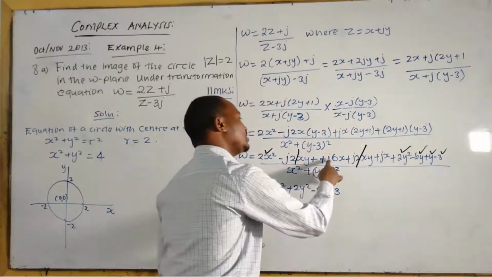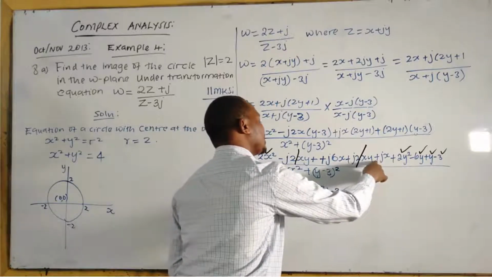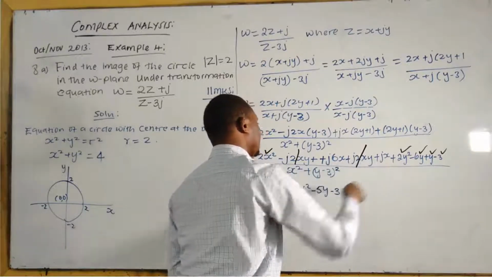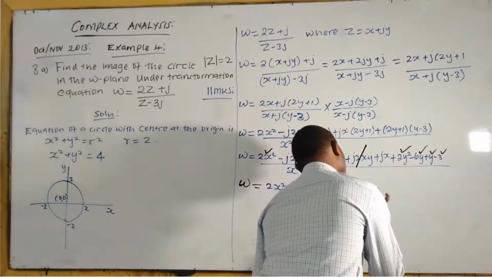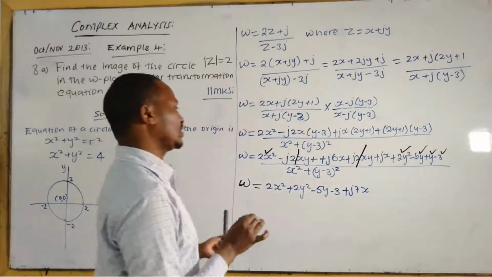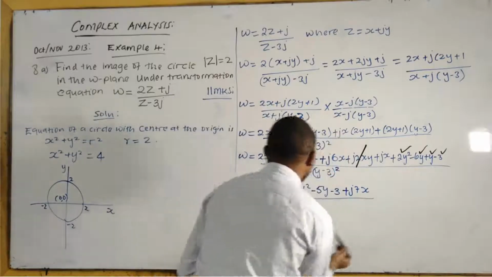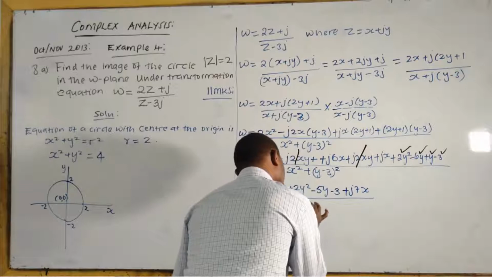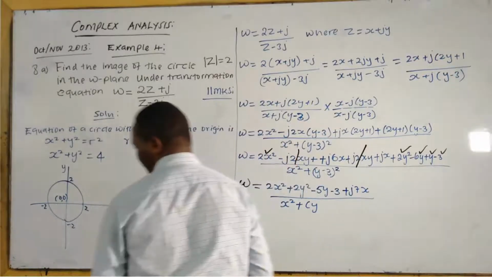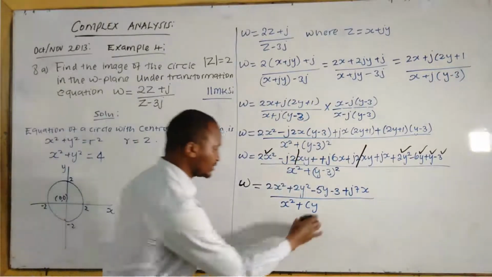This is j6x plus positive jx. That one is plus j7x over x squared plus y minus 3 squared. Why don't we expand this one?